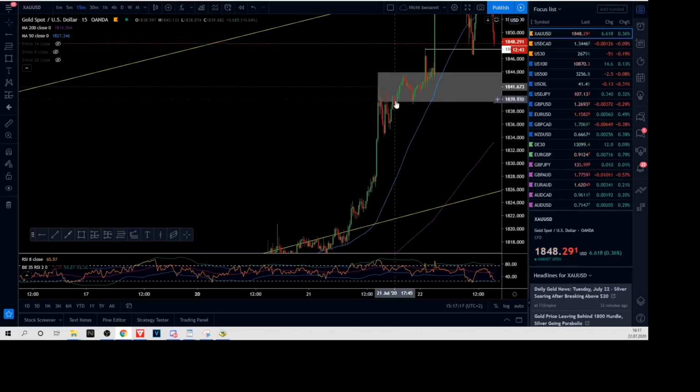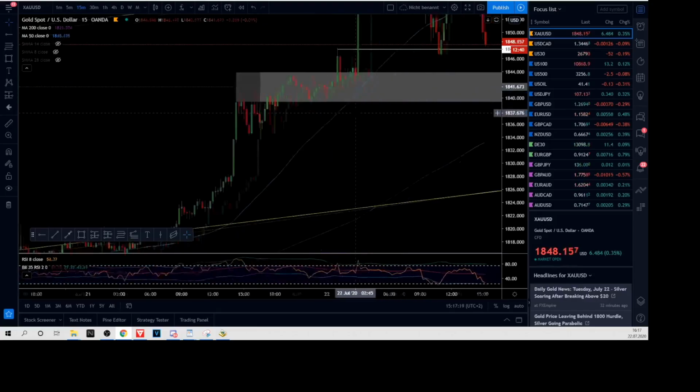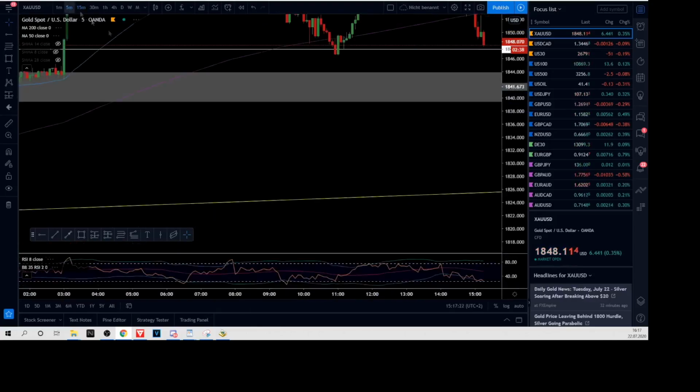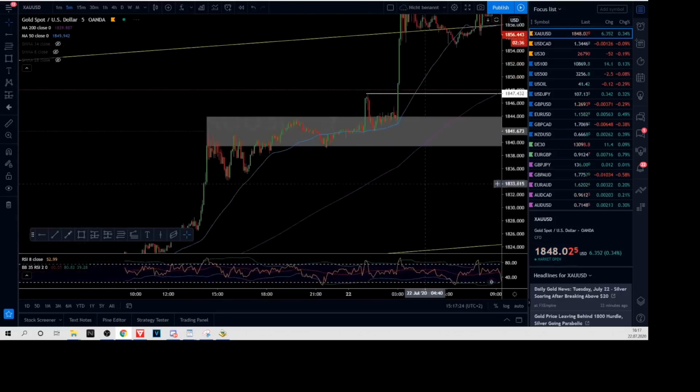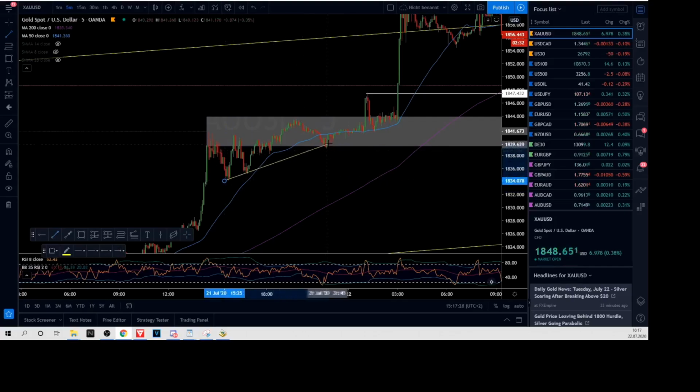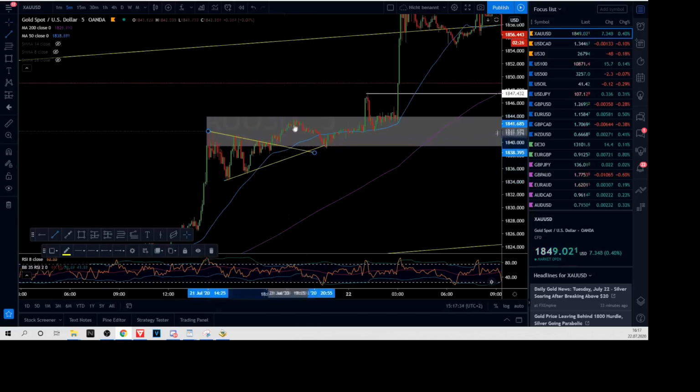As you can see, after this triangle formation, or however you want to call it, price was doing something like this. We had this little triangle over here. After it broke out of this triangle, it came back to nearly the middle point of the triangle, and then it just kept going.